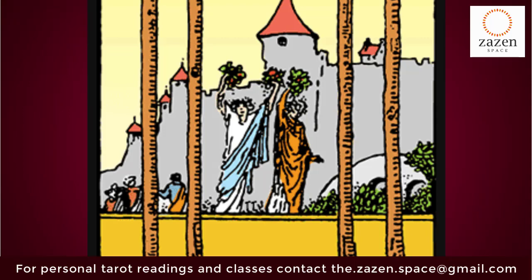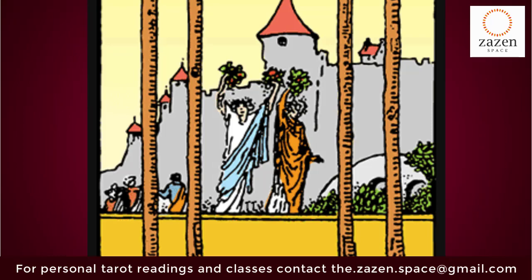They're dressed in the typical long flowing robes which are seen in almost all human figures in the entire Rider-Waite tarot deck, with a kind of shawl on top.